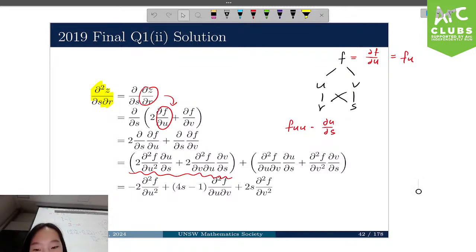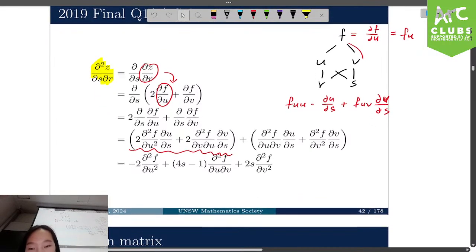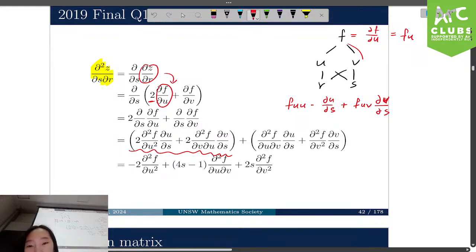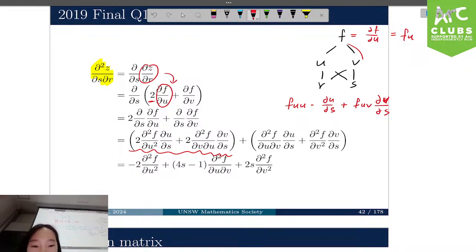Or you can have f_uv in this direction, and take the partial derivative of v with respect to s. And don't forget the 2 over here, because the constants you can just substitute inside, and finally you can get the following.